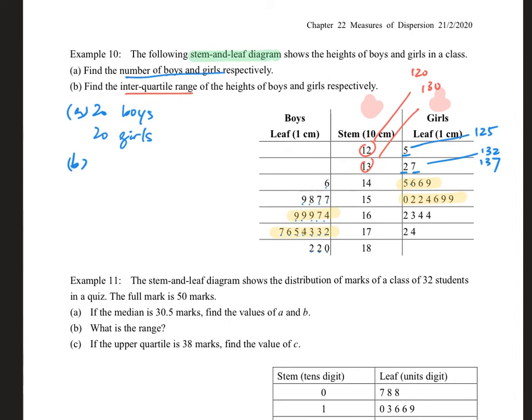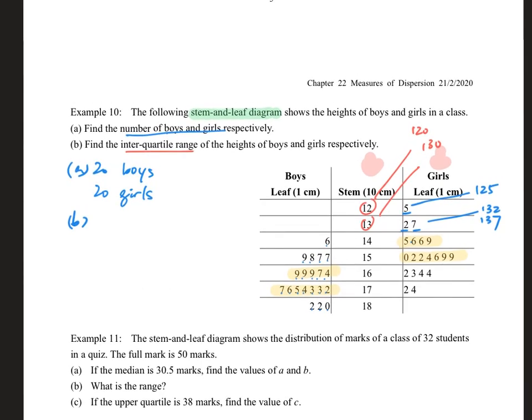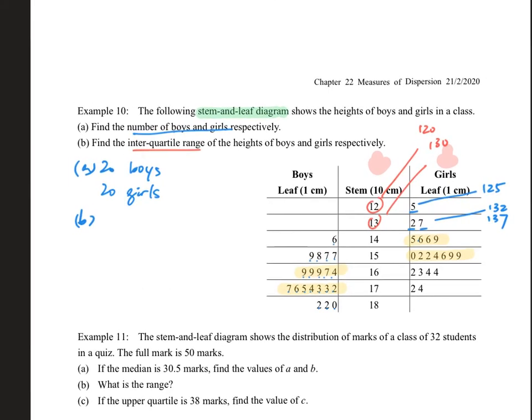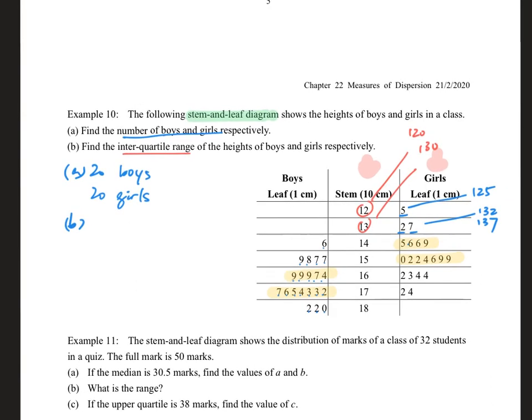But with a stem and leaf diagram, it requires more analysis, because I don't think you will be so silly as to write out 125, 132, 137, etc. So you can pick up a piece of rough paper to help. Let's start from the boys first.